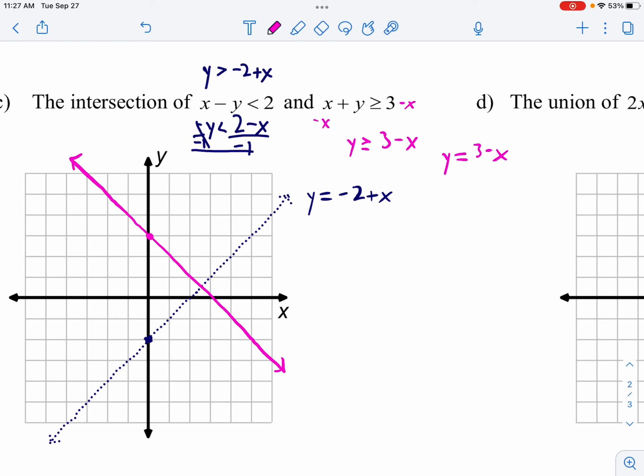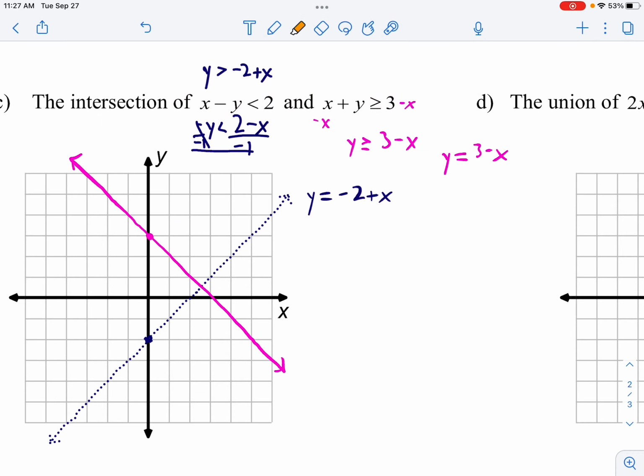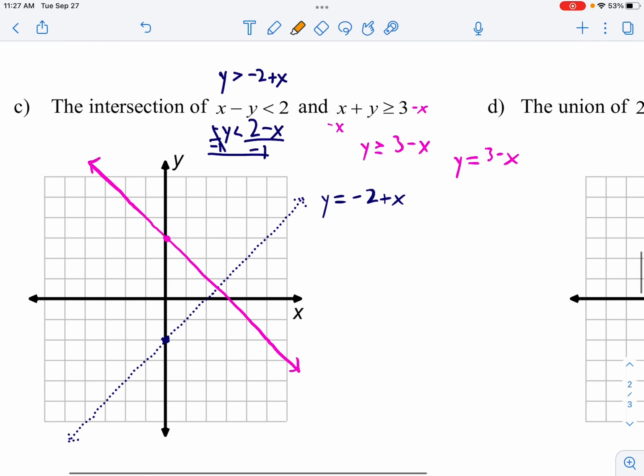Now let's think about where we're going to shade. Let's get the orange highlighter out for this blue line. So for y is greater than negative 2 plus x, this is the line where y equals negative 2 plus x, right? We need y to be greater than that line, so we're going to shade up above that.